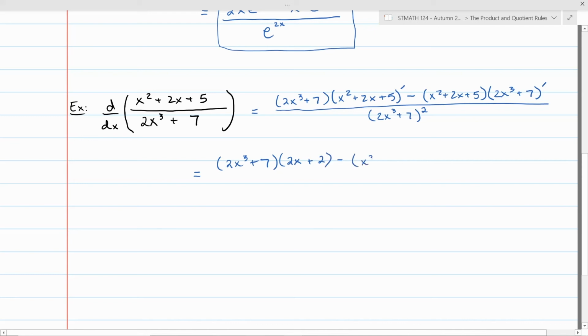Minus, now I've got x squared plus 2x plus 5 times the derivative of 2x cubed plus 7, which would be 6x squared, plus the derivative of 7, which is 0, so that finishes that off. All over 2x cubed plus 7 squared.